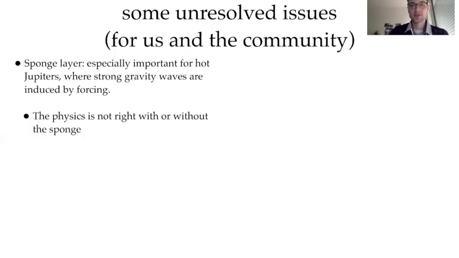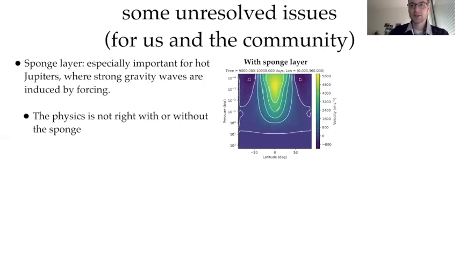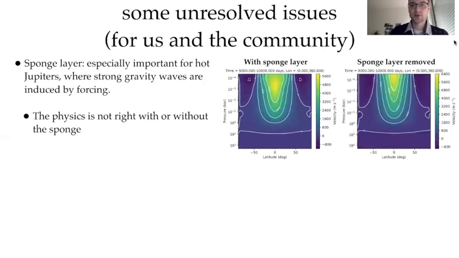And the physics isn't really correct with or without the sponge. In both cases, we have something artificial going on in the model. But the good news is at least that if we compare simulations with and without the sponge layer, at least in the zonal flow, we're seeing pretty similar patterns, although the velocities are slightly higher in the case without the sponge layer. But our observations are not quite ready to distinguish these cases yet.